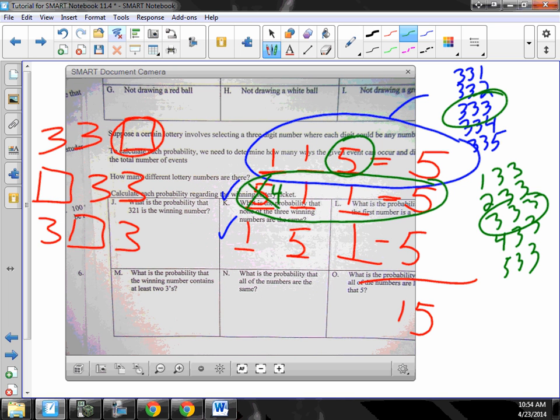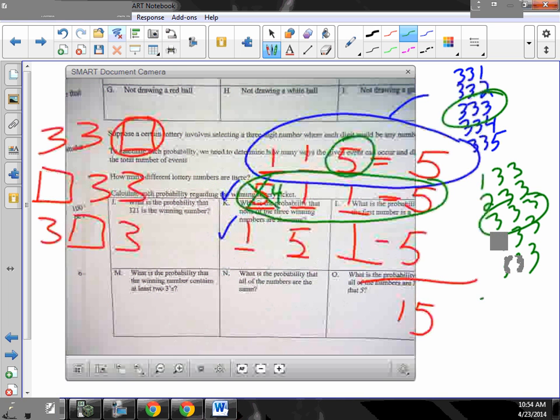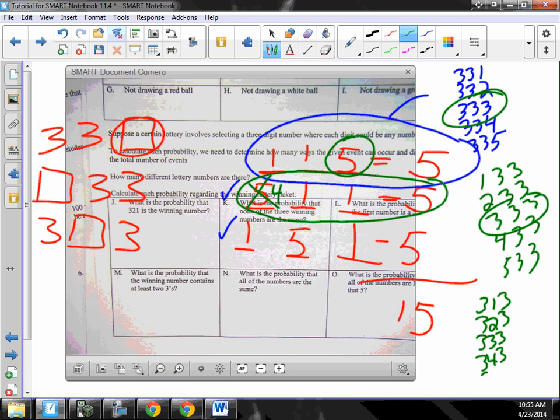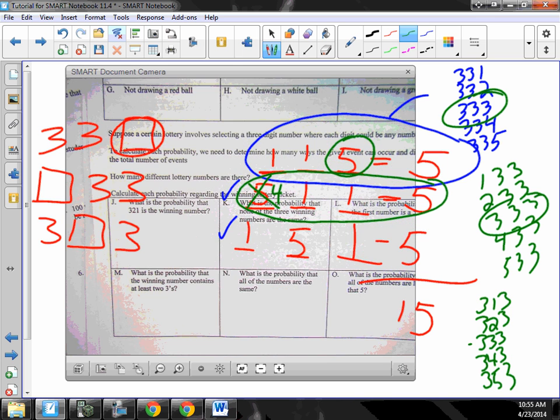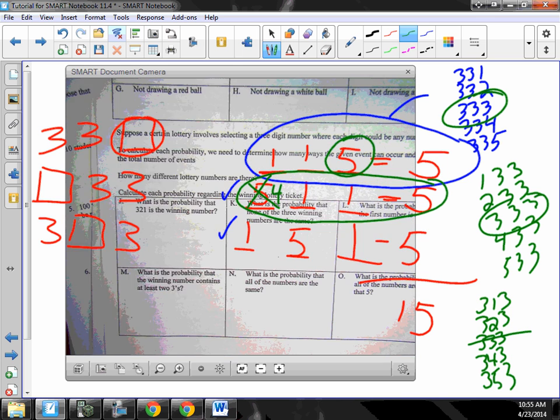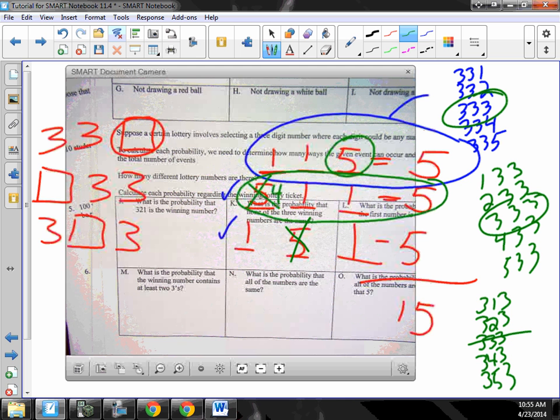Well, let's write it out. 313, 323, 333, 343, and 353. How many of those do I need to get rid of? Just one of them. So this number should be a 4.